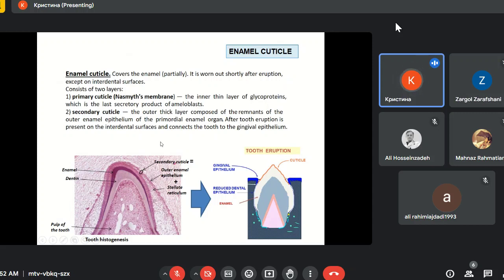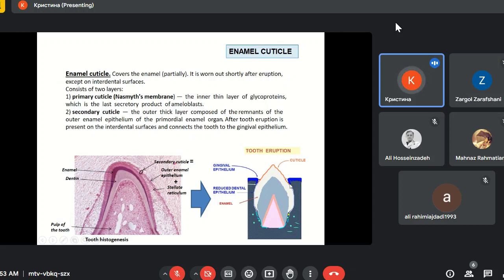And the secondary cuticle is the outer thick layer of the cuticle composed of the remnants of the outer enamel epithelium, which is here, and the remnants of the stellate reticulum. So they both combined form the very thin layer covering the enamel from outside, along with Nasmyth's membrane produced by ameloblasts, and this cuticle covers the enamel, white in this picture, before tooth eruption.